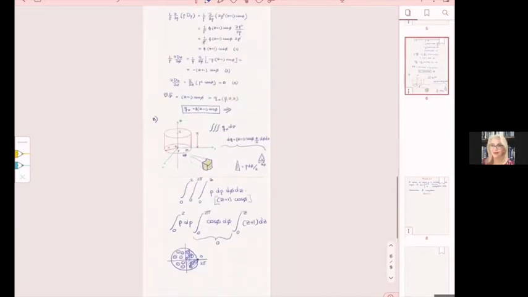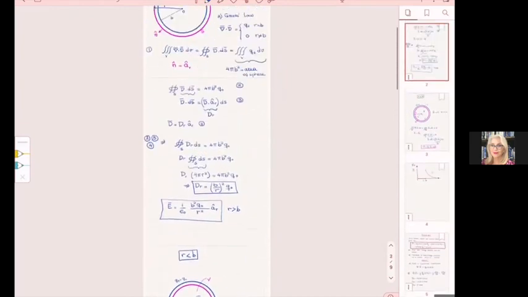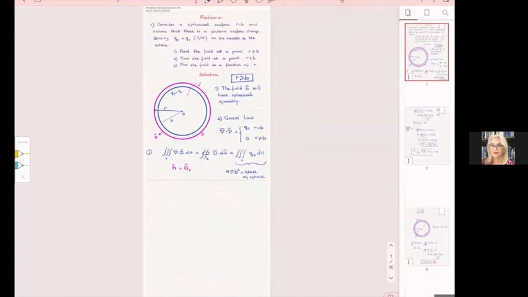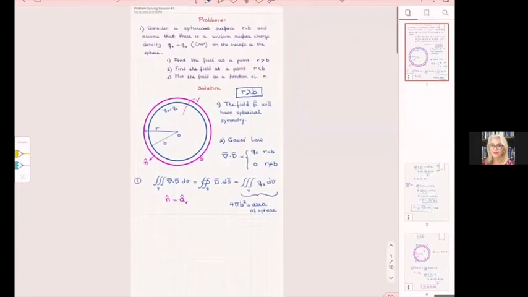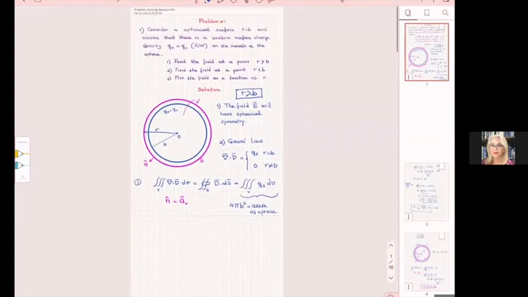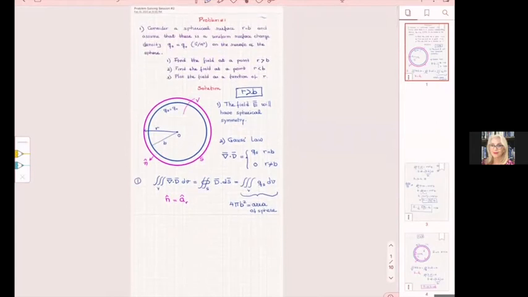Let me then go up here. Wait a second. I'll add the page here, but then I will move the page. I will take all of this.